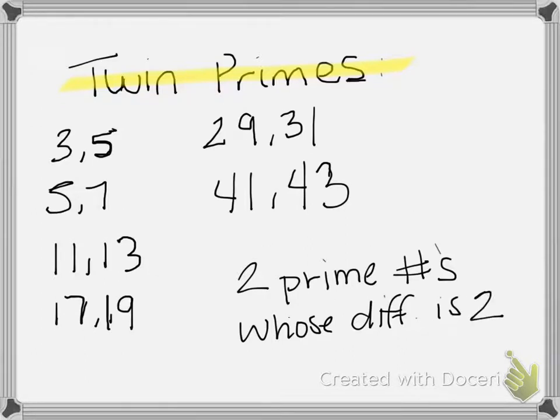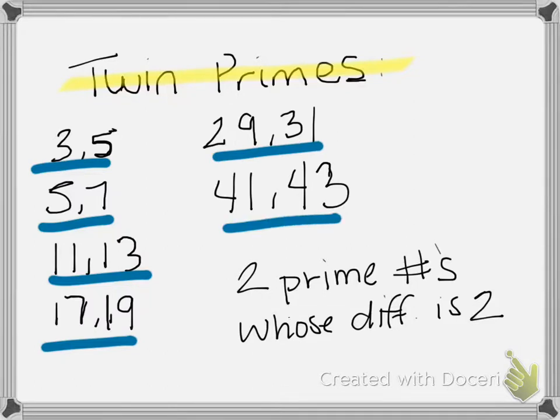So any 2 prime numbers that have a difference of 2. So you'll see 3 and 5 are twin primes, 5 and 7, 11 and 13, 17 and 19, 29 and 31, and 41 and 43. Now I only use the prime numbers up to 50 that we had already discovered. There are obviously more twin primes if you were to keep going. So that's just some more vocabulary to keep in mind. If your book refers to twin primes, that's what it's asking you to do.